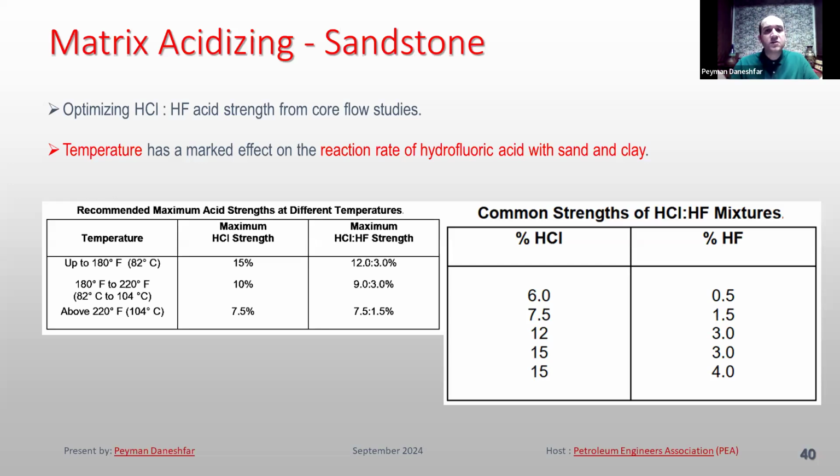Here you can see the common strength of the mixture of HCl with HF. Also keep in mind the regular and the super mud acid, because generally we use those two types.